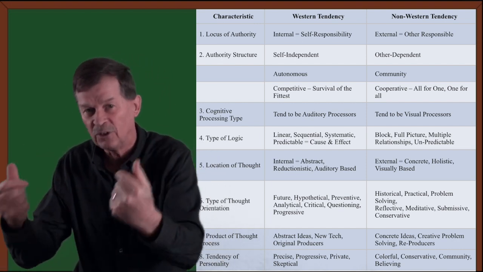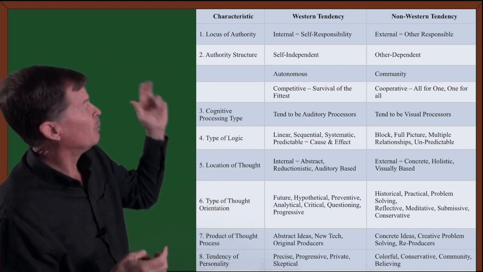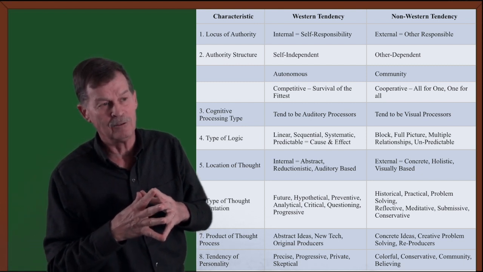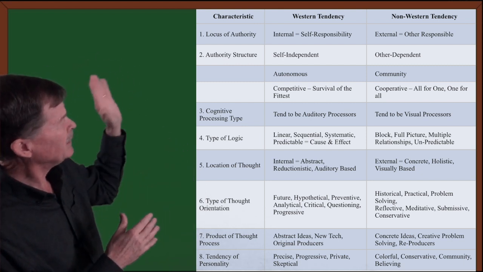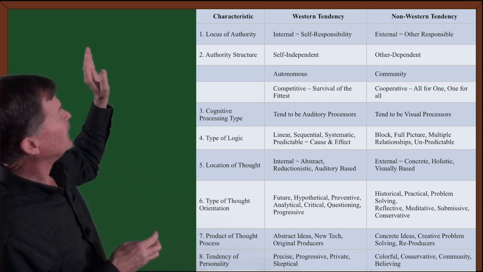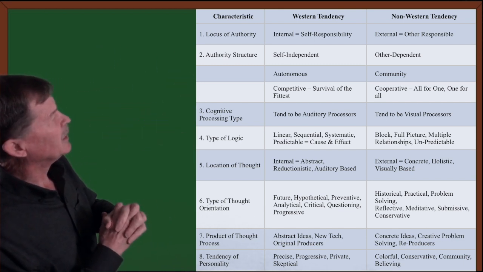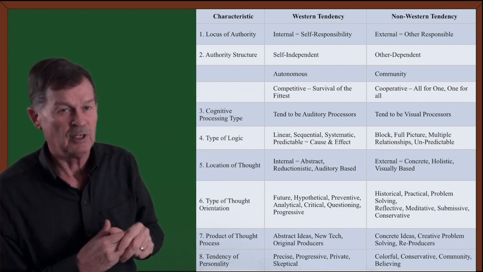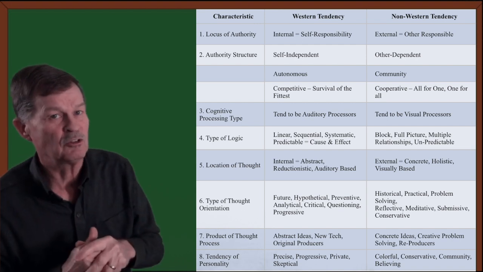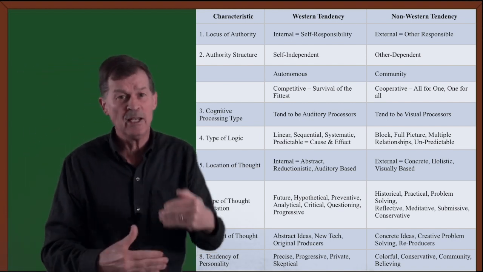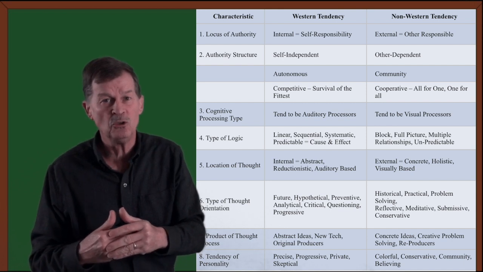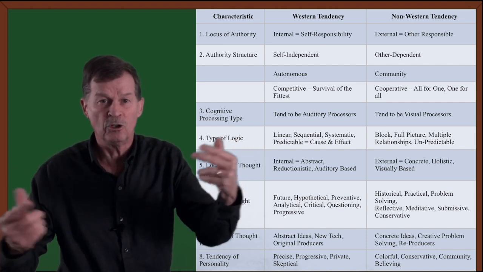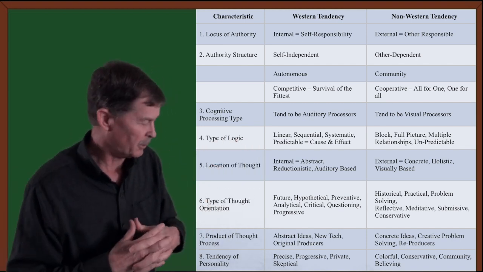So this locus of authority is an important one in critical thinking, but on our chart, the locus of authority being internal is a Western perspective, and external being a non-Western. So what do we do? Do we need to re-educate the non-Western students so that they don't feel inhibited by the external authority structure that they've been brought up under?